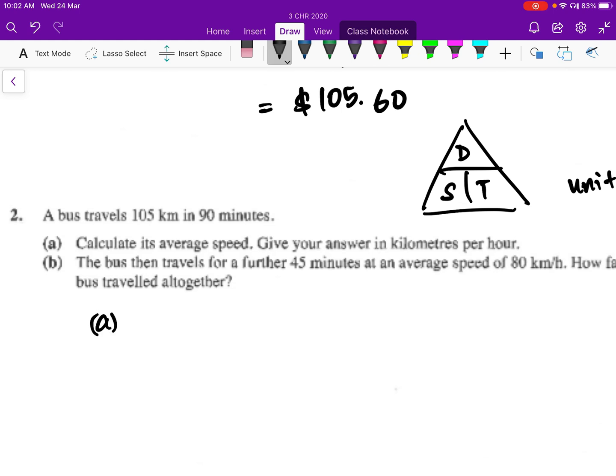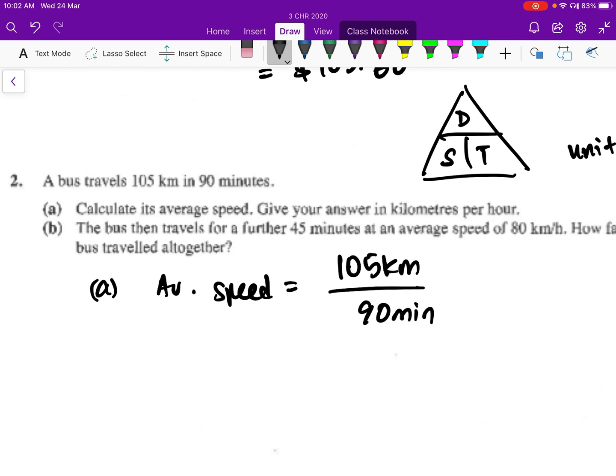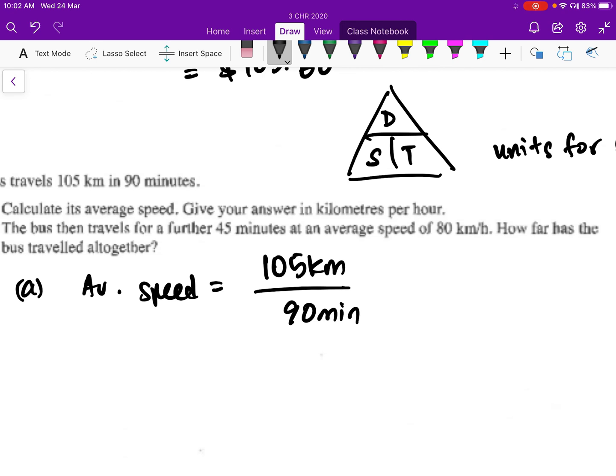Part A, average speed, distance divided by time. 105 km divided by 90 minutes. However, they want it in terms of kilometers per hour. So what needs to change? km no need to change. 90 minutes needs to change.